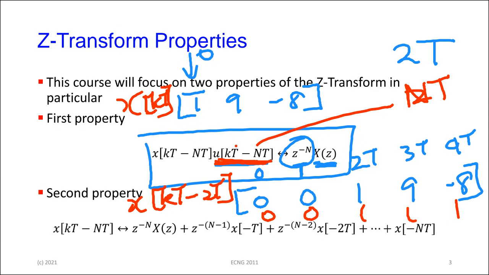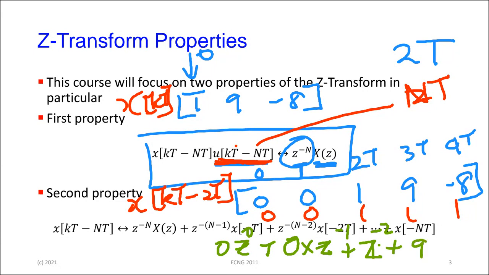So what is the transform of that? The transform of this here, what is in blue, will be 0 by z to the naught plus 0 by z to the power minus 1 plus 1 by z to the power minus 2 plus 9 by z to the power minus 3 minus 8 by z to the power minus 4.